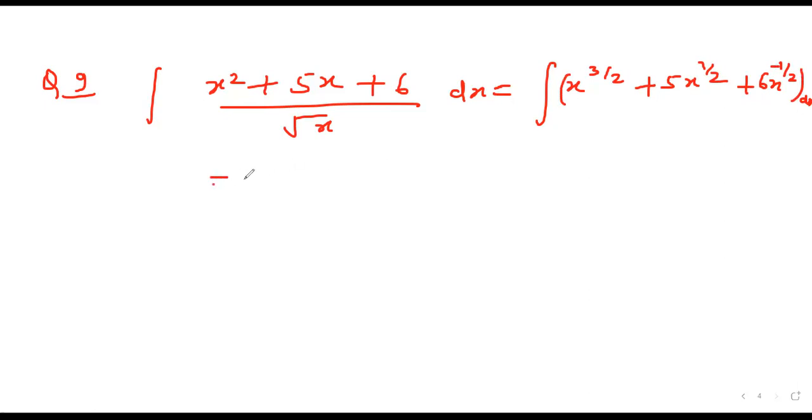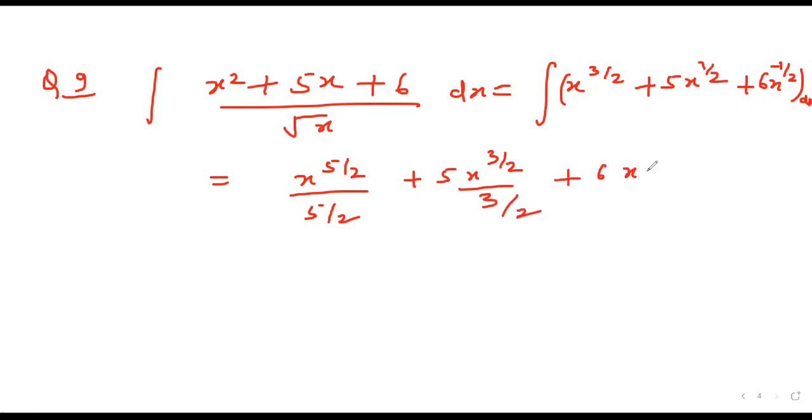So it will become x power 5 by 2 divided by 5 by 2 plus 5x power 3 by 2 divided by 3 by 2 plus 6x power half divided by half plus c, and this can be rearranged.